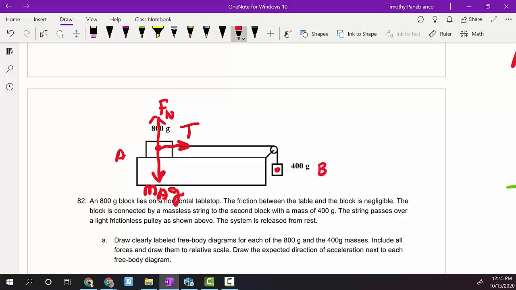This block will have a weight downward and a tension force upward, and know that the block on the table will accelerate to the right while the block on the right hand side will accelerate downward since the net force is downward. And being good physics students, what we should do is make sure we have an axis in place for each of our free body diagrams.